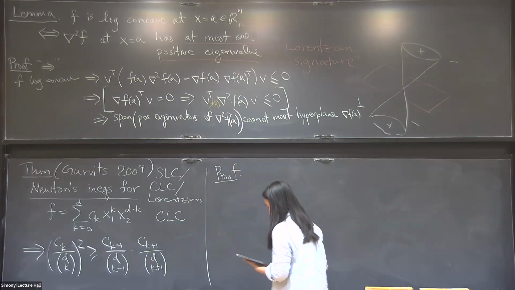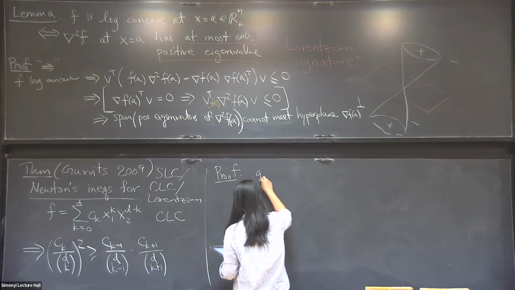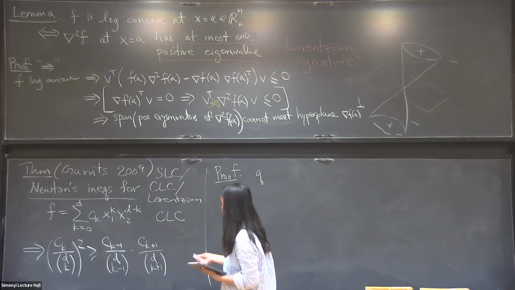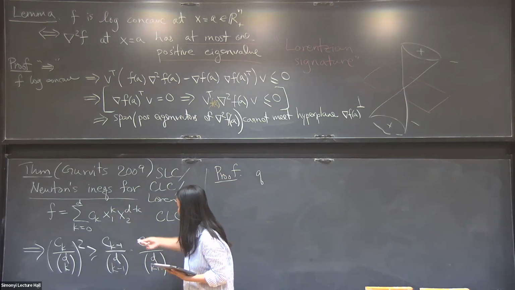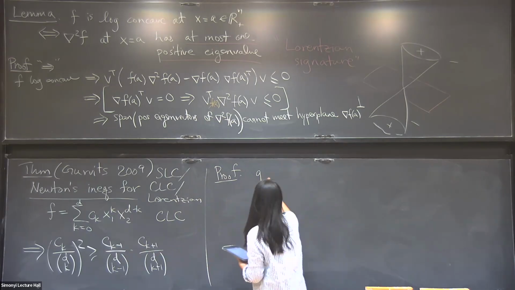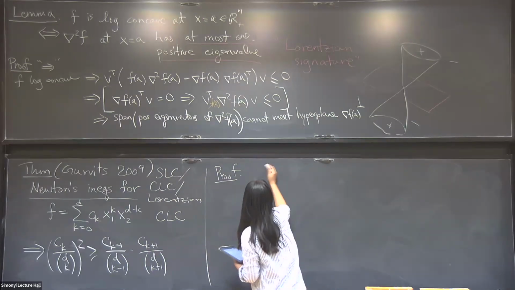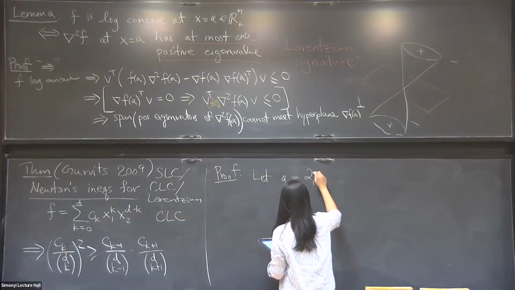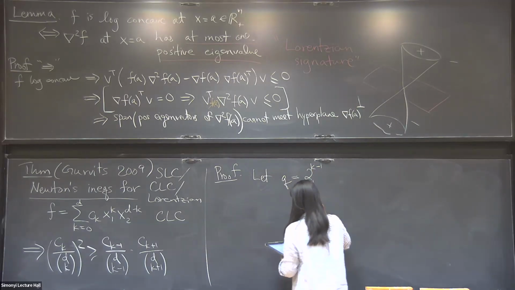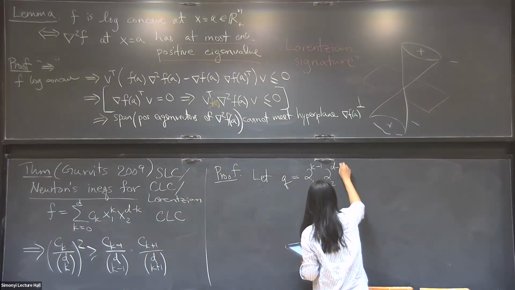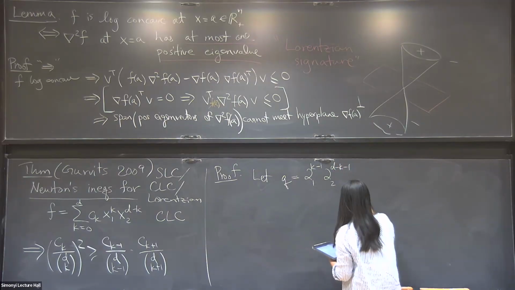Okay, so we're interested in proving this, right? We're fixing a k, somewhere between 1 and d minus 1. Okay, and then we are taking derivatives all the way down to the following. So let Q be the derivative k minus 1 times with respect to the first variable, and d minus k minus 1 times with respect to the second variable.